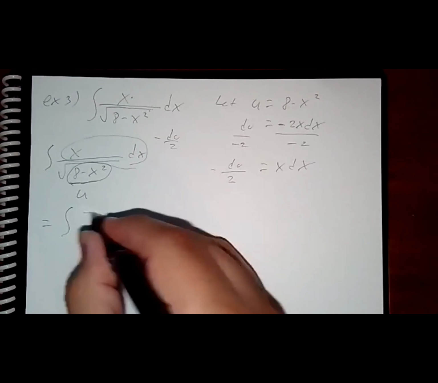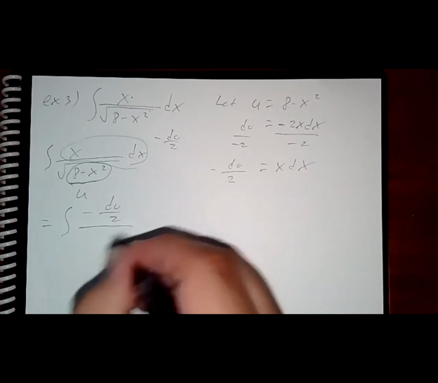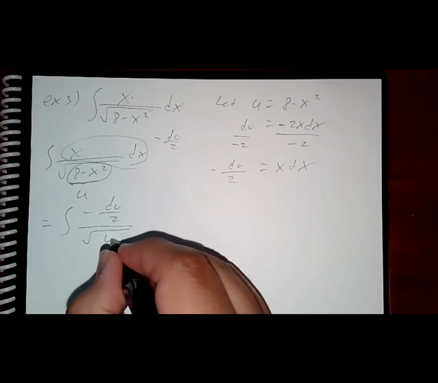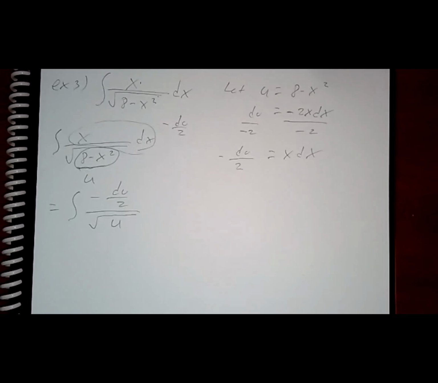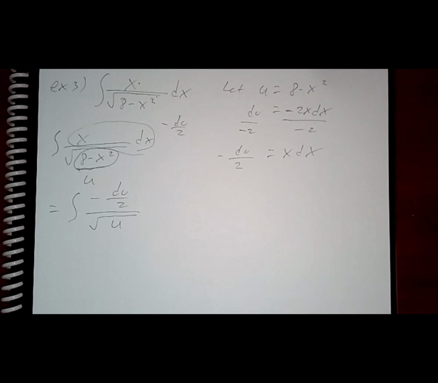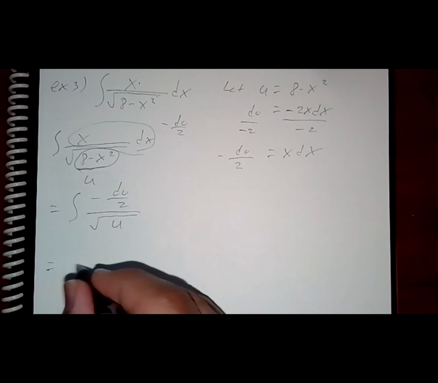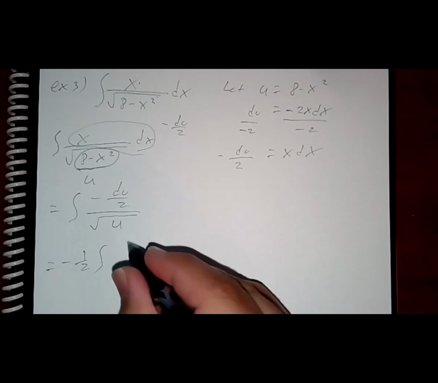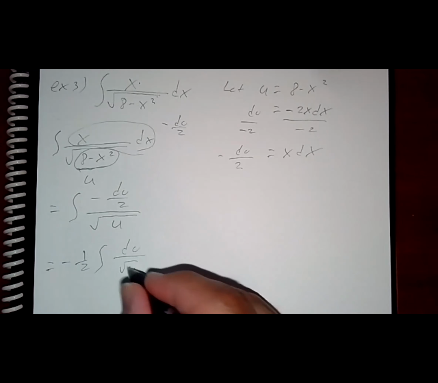So we'll end up with negative du over 2 over the square root of u. So that's it, we did the substitution. That -1/2 looks ugly, so let's go ahead and pull that out in front. We'll deal with that some other time later on. Then du over the square root of u. So now we've got to integrate this.